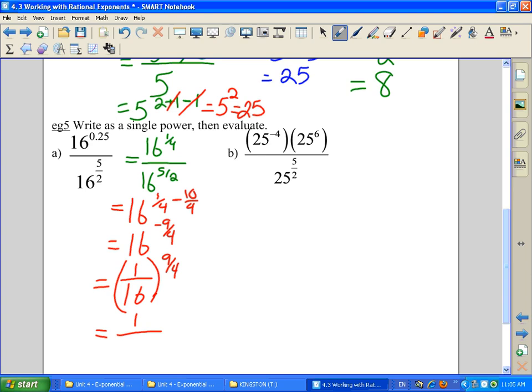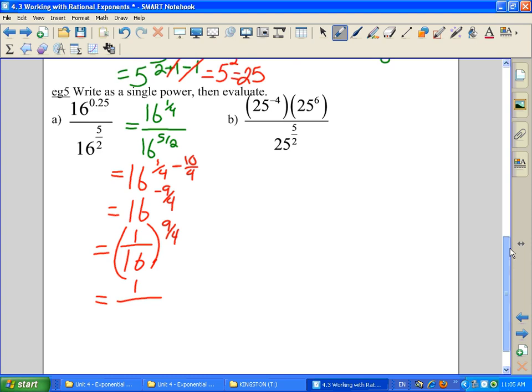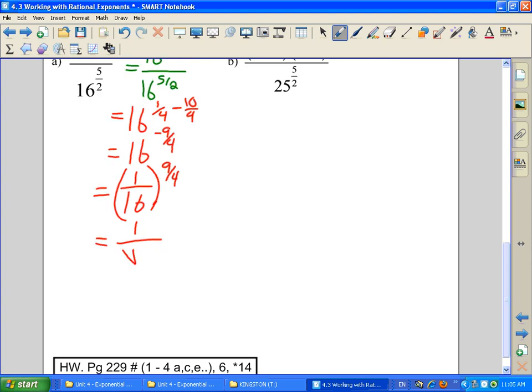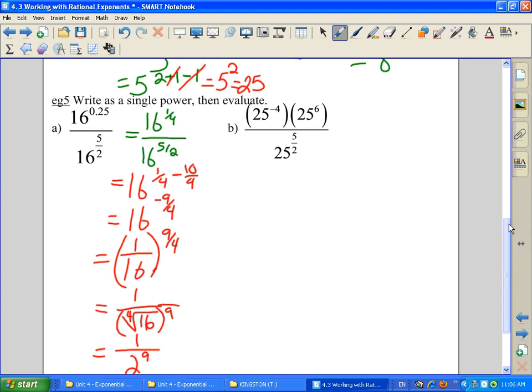It's the 4th root of 16, all raised to the exponent of 9. Plug in your calculator: 4th root of 16 is 2. So you've got 2 to the power of 9. Plug that in your calculator, and you're going to have 1 over 512.